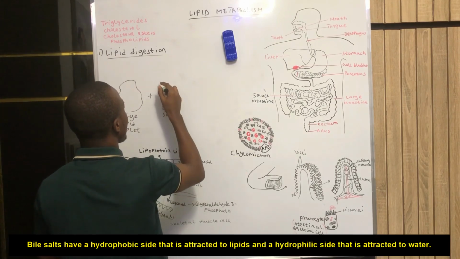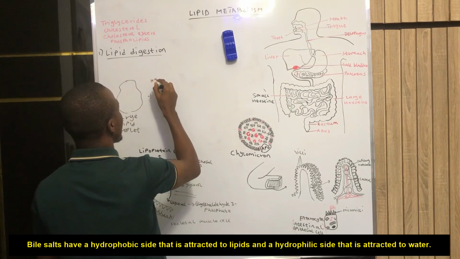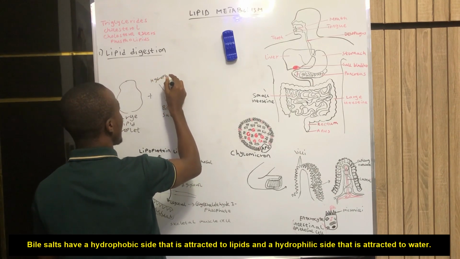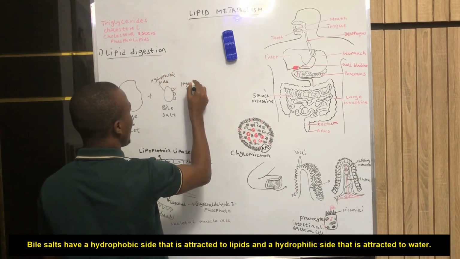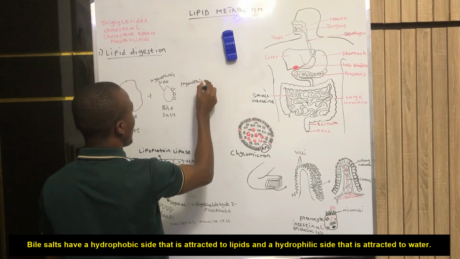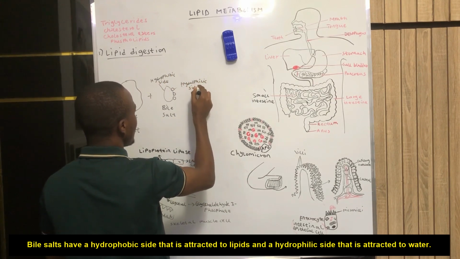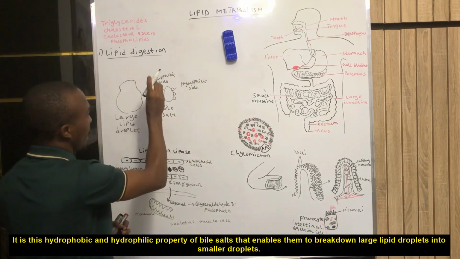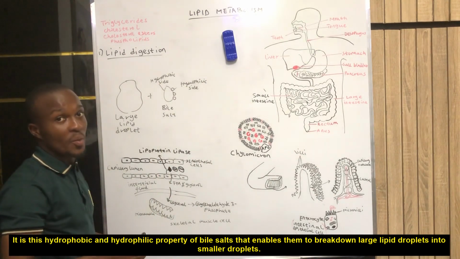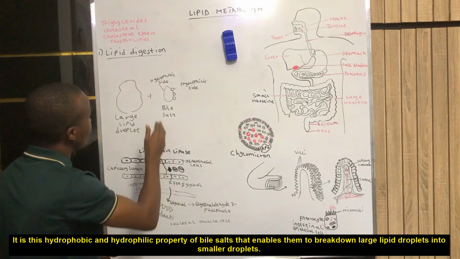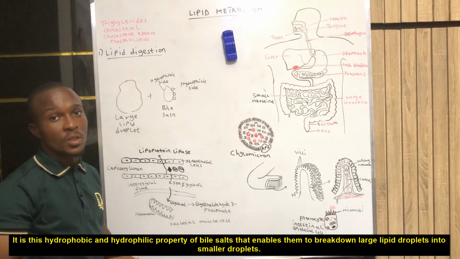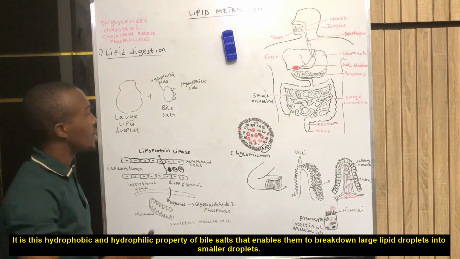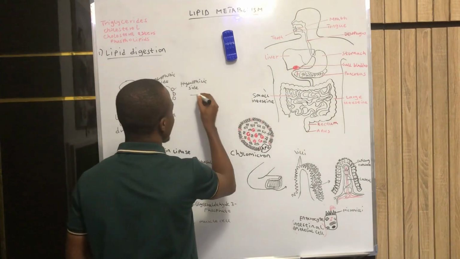Bile salts have a hydrophobic side and a hydrophilic side. It is this hydrophobic and hydrophilic property of bile salts that enables them to break down large lipid droplets into smaller droplets. So at the end we have something like this.